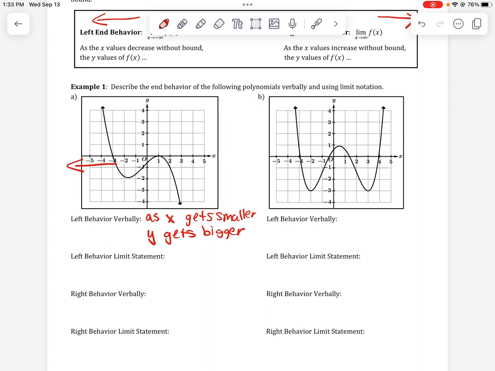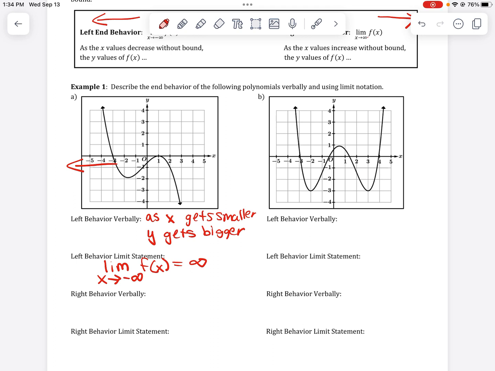So our limit statement: the limit as x goes to negative infinity of f of x goes to infinity here. As x gets smaller, y goes to infinity, because as x gets smaller, f of x, our y value, gets bigger.